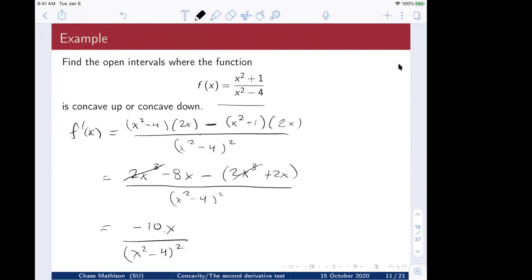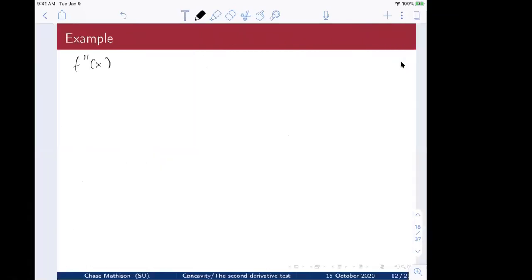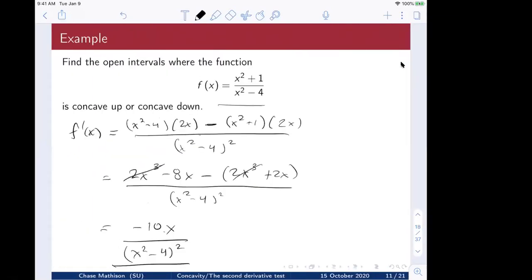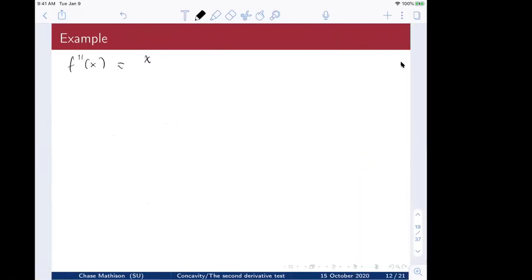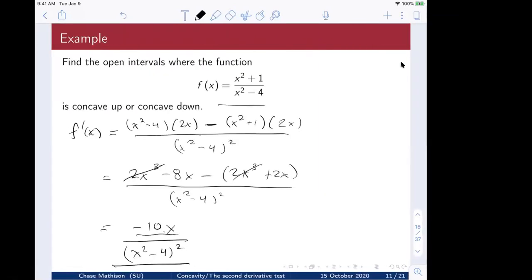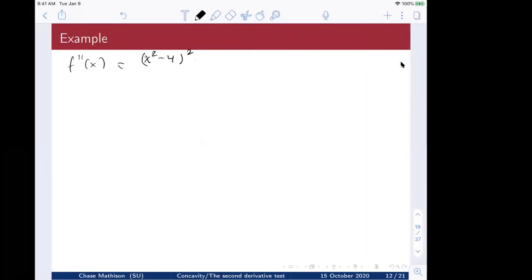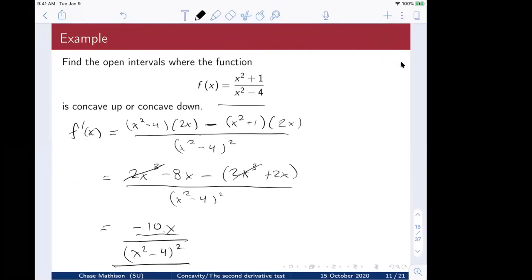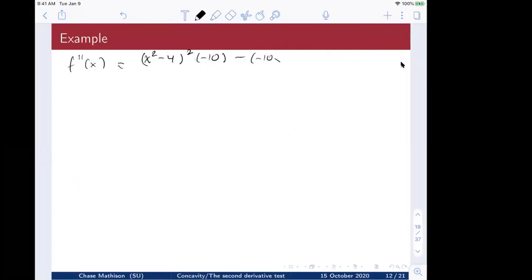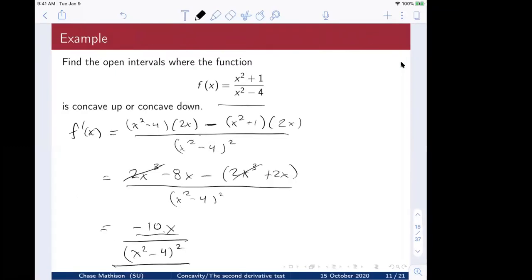And how do I take the derivative of this thing? Quotient rule again. Very good. So low here is going to be x squared minus 4 squared times negative 10, which is d high, minus high, negative 10x, d low.